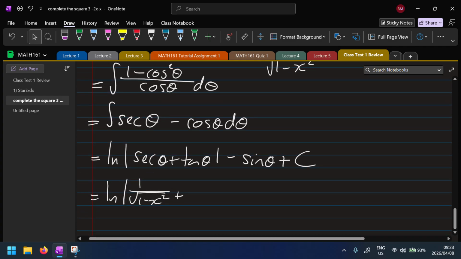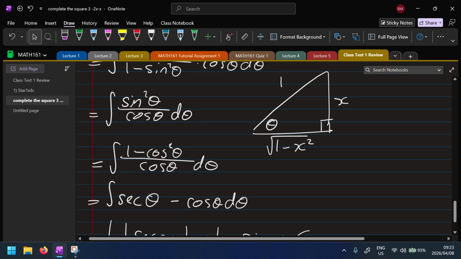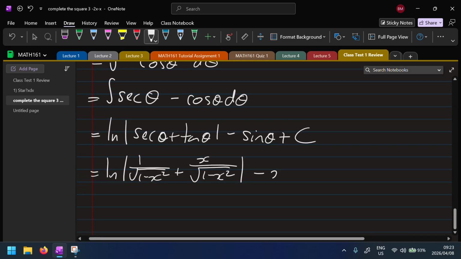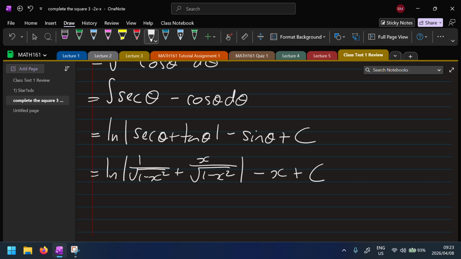Tan, opposite over adjacent. And then sine, opposite over hypotenuse. Okay. You could simplify this further with that log, but again, that's not needed. If you got to this stage here, you got your 3 for the calculation, and then another one for the diagram.